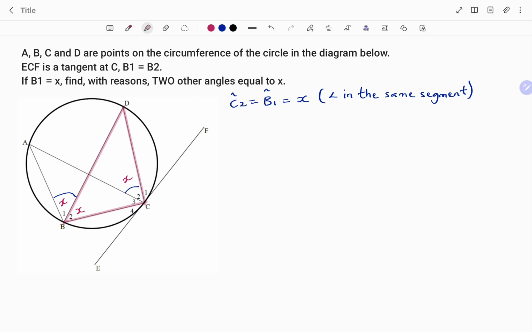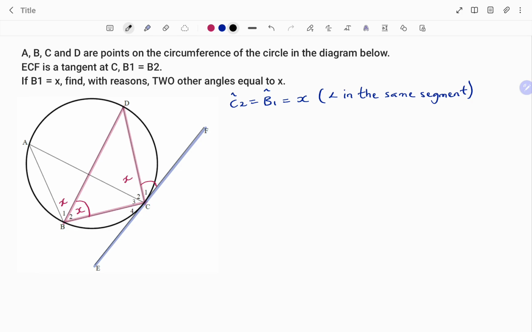Remember, we've been told that the line ECF is a tangent to the circle, and the circle theorem states that the angle between a tangent to a circle and a chord drawn from the point of contact is equal to an angle in the alternate segment. That means that the angle C1, or this angle here, is equal to this angle. That is the tan chord theorem.